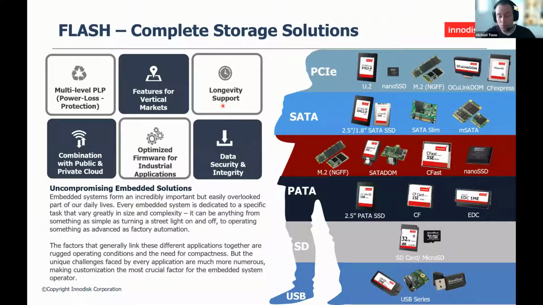Longevity support. This is what I mentioned already in the previous slide. Very important for us. Customized firmware and optimized firmware for specific industrial applications. For example, we have specific firmware for video recording solutions, where we give a high constant write speed to all our products that are certified for this.